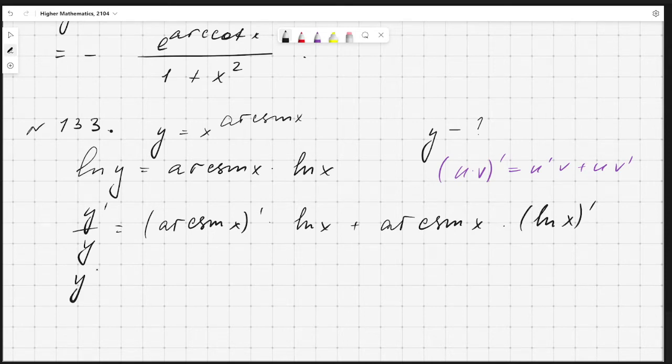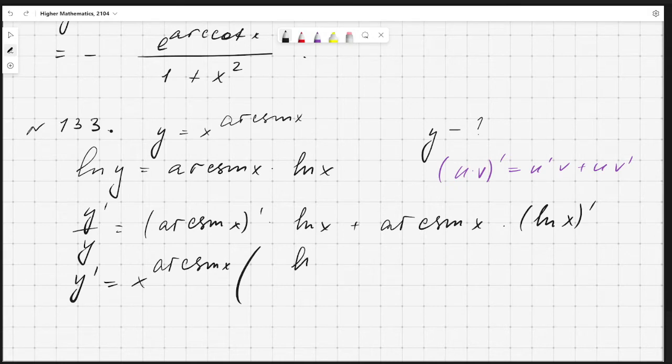And we have y prime, where y is x to the power of arcsine of x. Here the derivative of arcsine is 1 over the square root of 1 minus x squared.